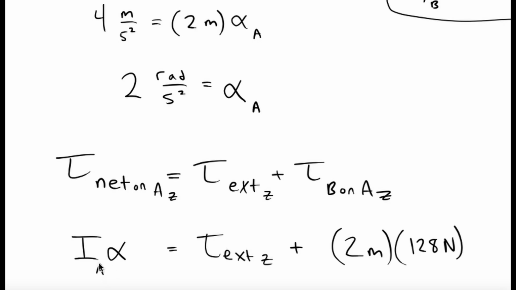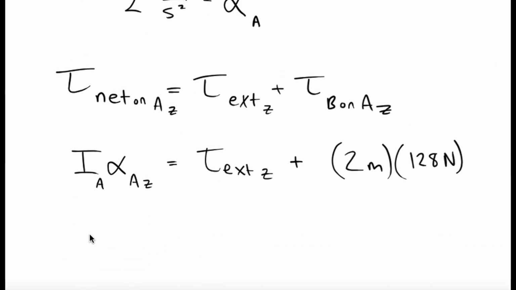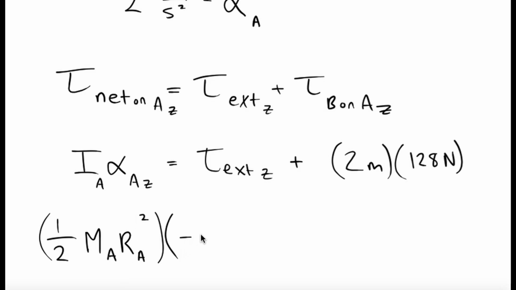I is the moment of inertia of A, and then here I'll use the alpha of A, which I determined earlier to be -2. For the moment of inertia of A, I'll use 1/2 times the mass of A times the radius of A squared. Plug in the -2 for alpha.